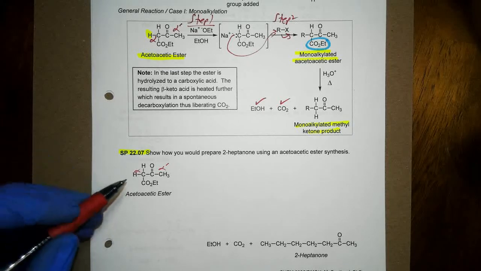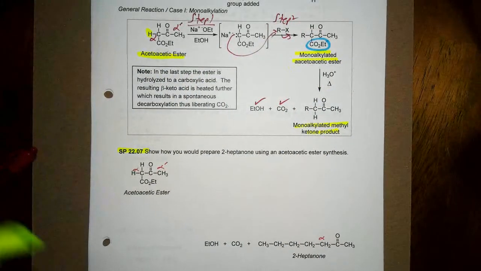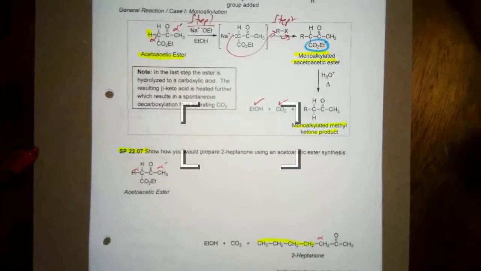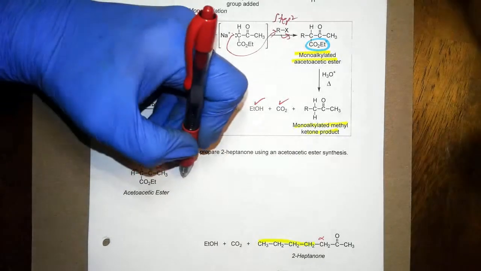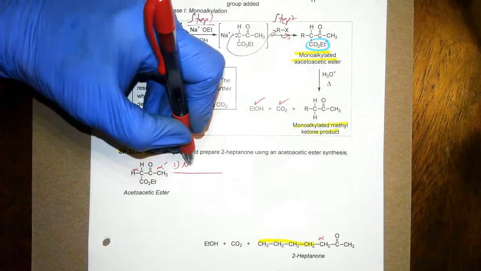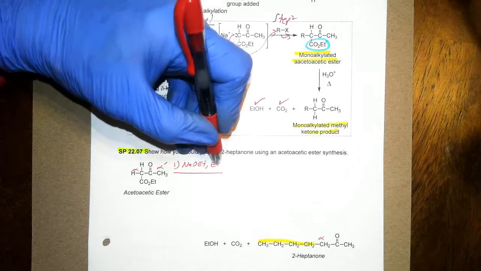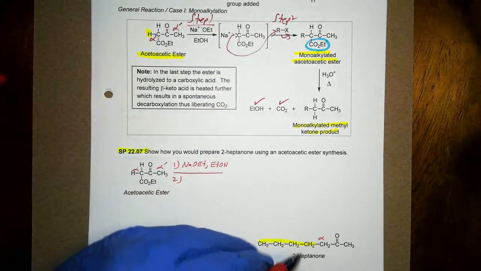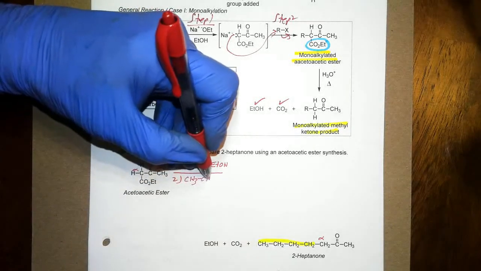So that alpha carbon is going to correspond to this alpha carbon, not that one. So count the carbons to the left of that. Looks like a 4-carbon unit. So it's simply incumbent upon us to install that. Step one, we've seen this a gazillion times already, is a sodium ethoxide with ethanol. And in step two, 1, 2, 3, 4, a 4-carbon unit with whatever leaving group that you want to put on there.